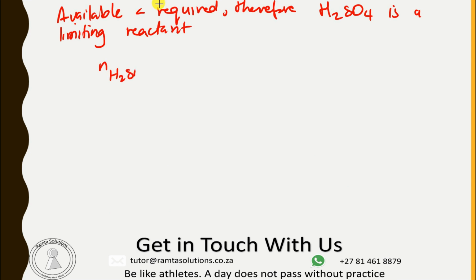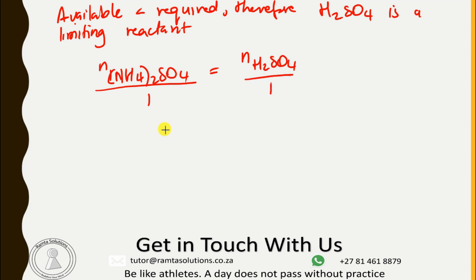The number of moles of ammonium sulfate over its coefficient, which is 1, is equal to the number of moles of sulfuric acid over its coefficient, which is 1.